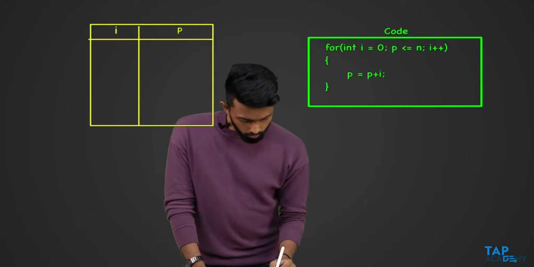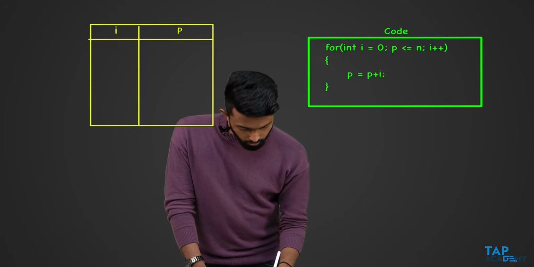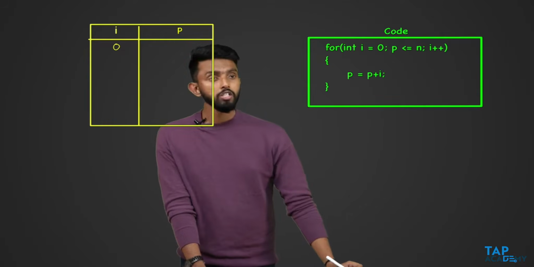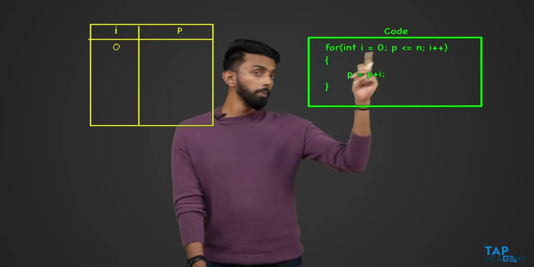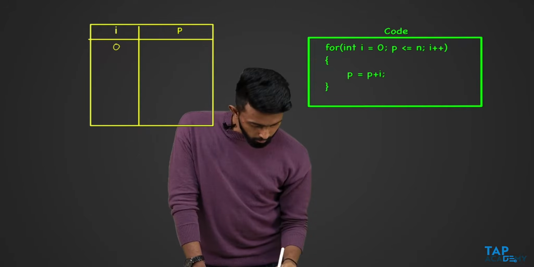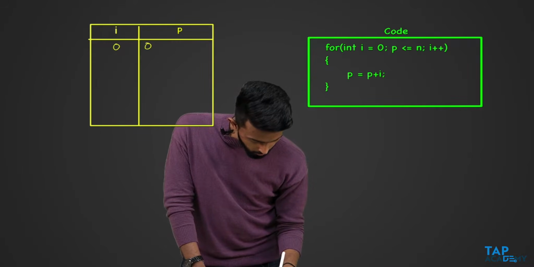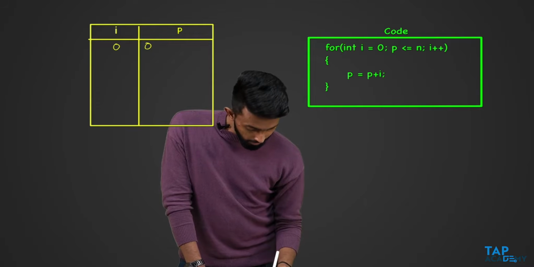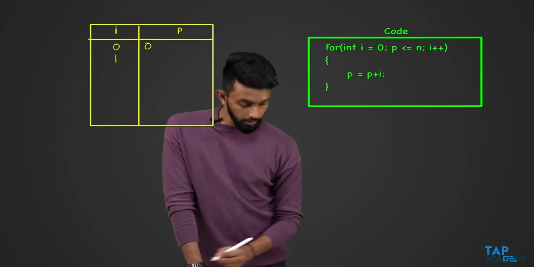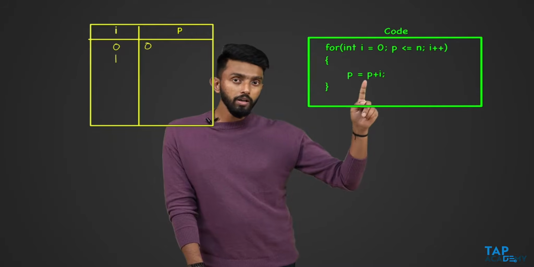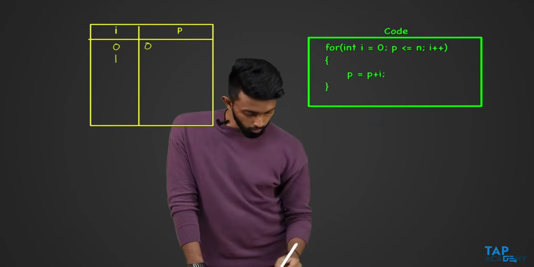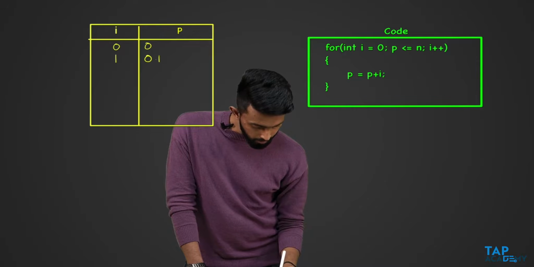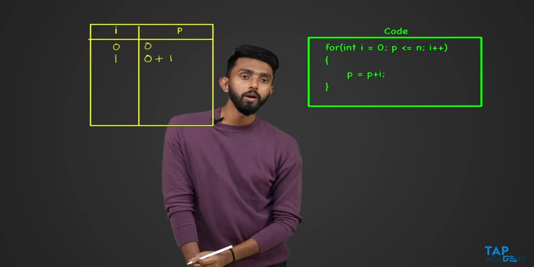First time, i's value is 0. If i's value is 0, then p's value is going to be 0 itself. Next, if i's value becomes 1, p's value will be the old value of p, which we assume is 0, plus i, which means 1.